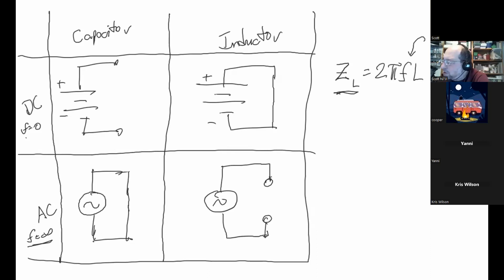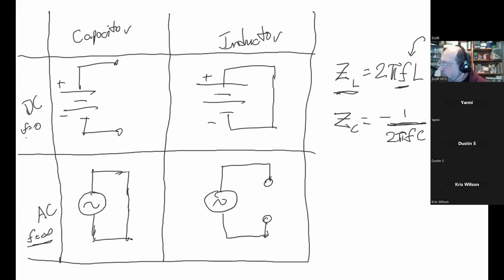And for a capacitor, Z is equal to -1/2 pi FC. So as you can probably see, when the frequency goes up, the impedance of an inductor goes up. When the frequency goes up on a capacitor, the impedance goes down because the denominator gets bigger. So let's say you want to have these completely cancel each other.